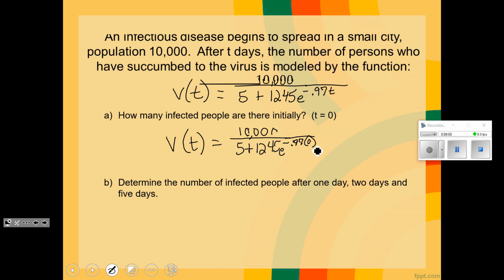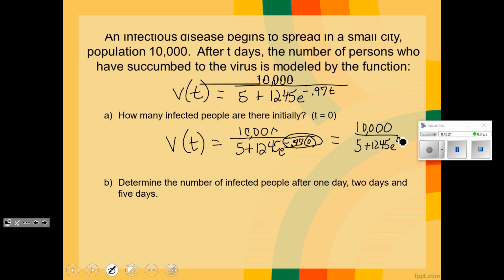Okay, we're plugging in 0. If I were you, first thing I would do is multiply your exponent. What's negative 0.97 times 0? 0. Basically, it's going to end up being e to the 0.